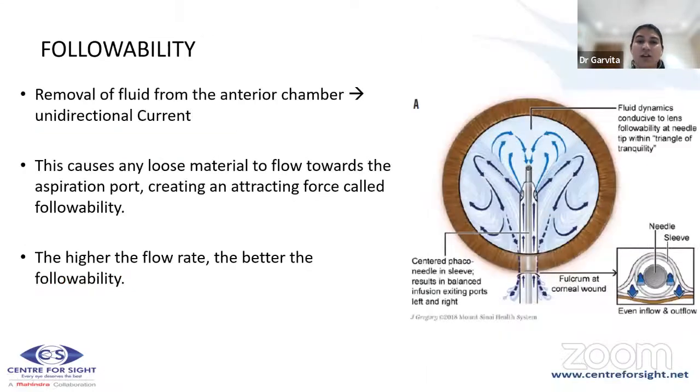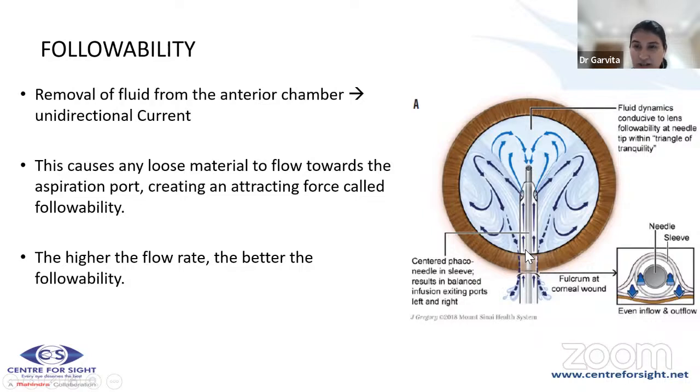Followability. So what is followability? As we can see in this picture, with removal of fluid from the anterior chamber, various eddy currents are formed. This can lead to formation of unidirectional currents.